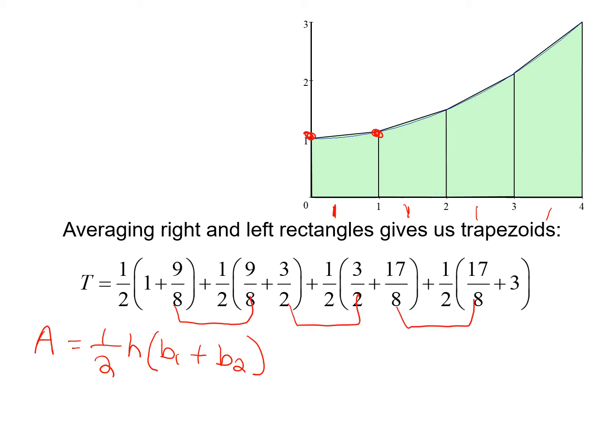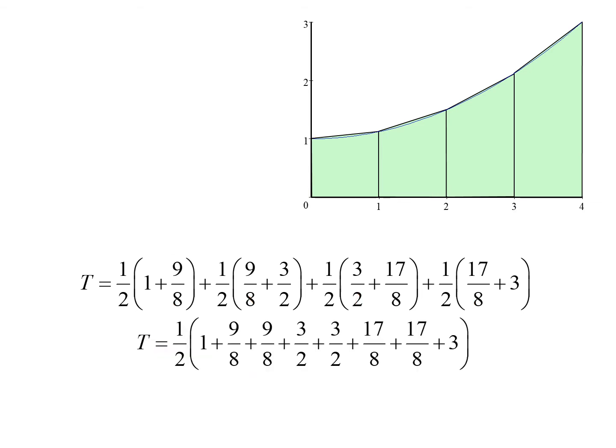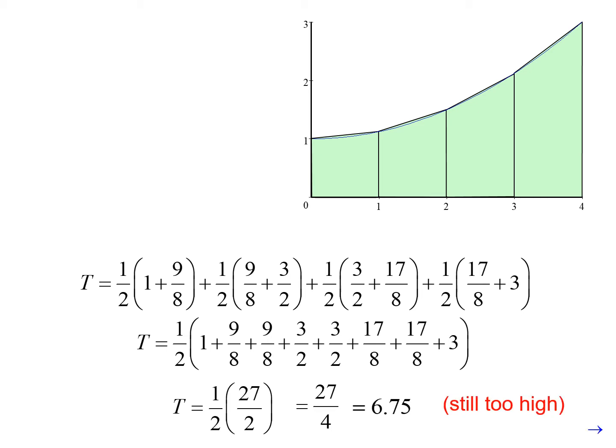That's all going to become important when I show you the formula for a trapezoid approximation. And our answer when we use this approximation is 27 over 4, which is closer. It's still high, but it's closer than the other two were.